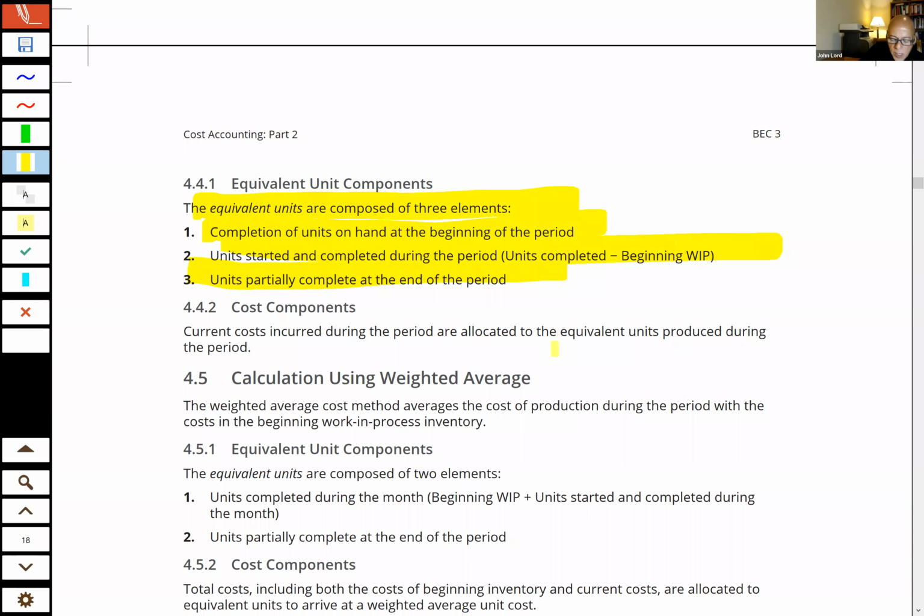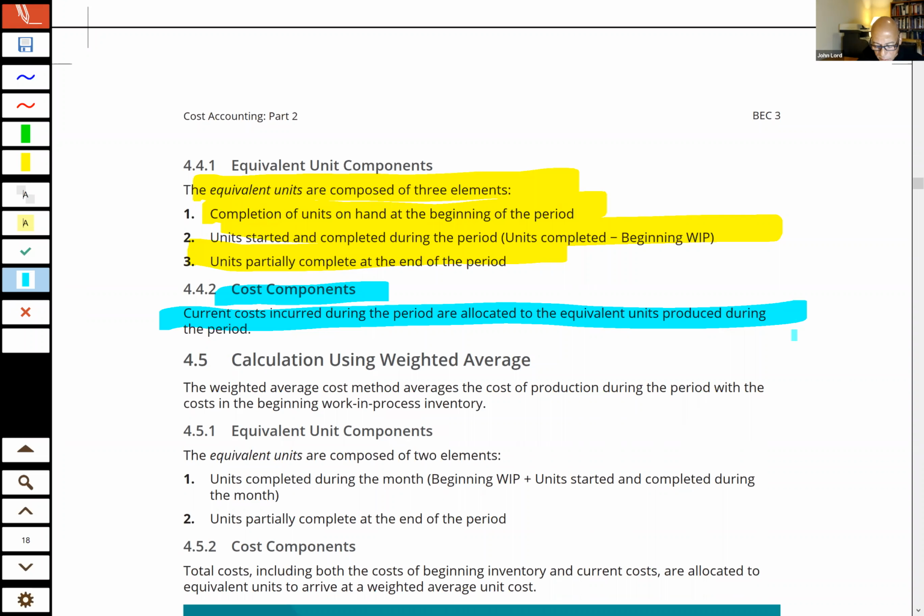Now, the cost component is fairly straightforward in that it's only the cost incurred for the period. And I'm going to have you flashcard that here in a little while.